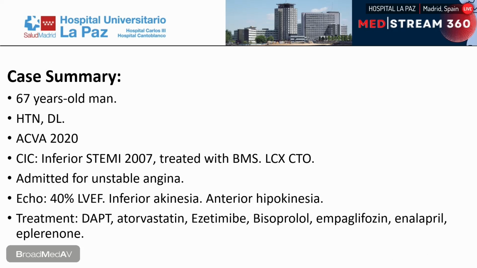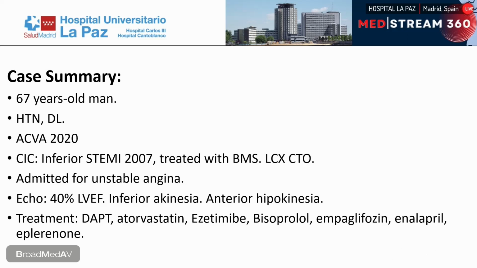We present a 67-year-old man with a medical history of hypertension and dyslipidemia. He experienced an acute cerebrovascular accident in 2012 and was diagnosed with chronic coronary disease in 2007, which revealed a chronic total occlusion in the left circumflex artery and severe stenosis in the right coronary artery that was treated with a conventional stent.